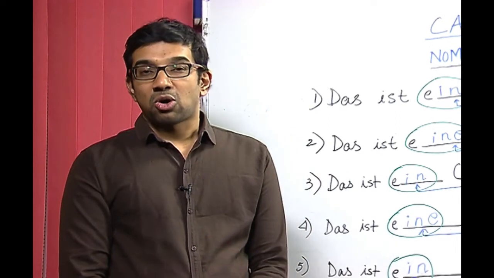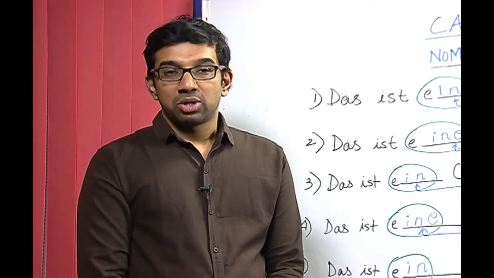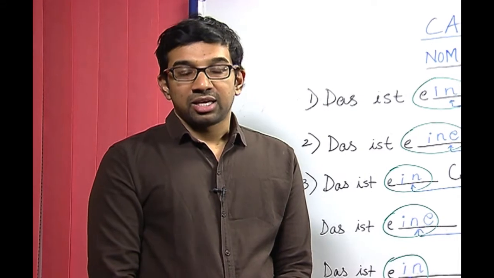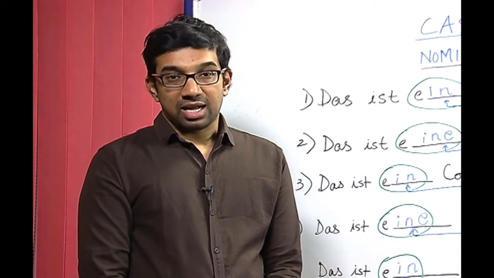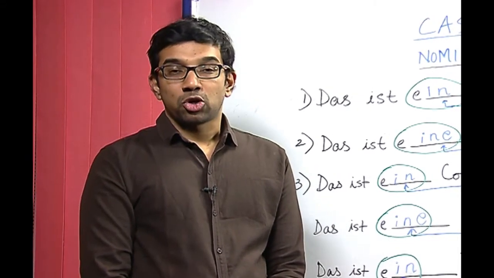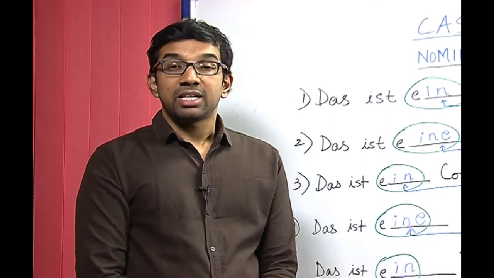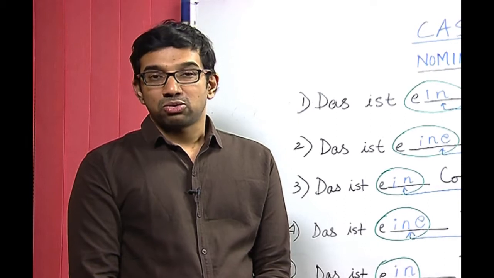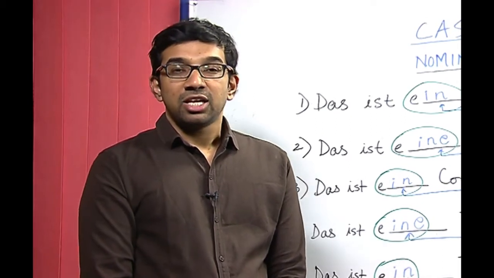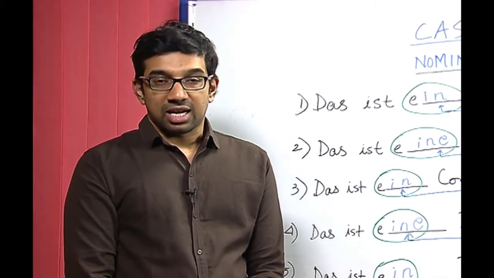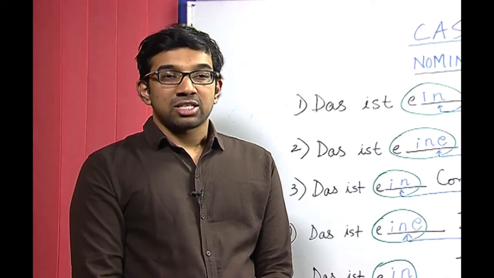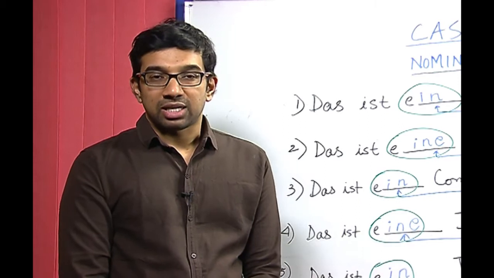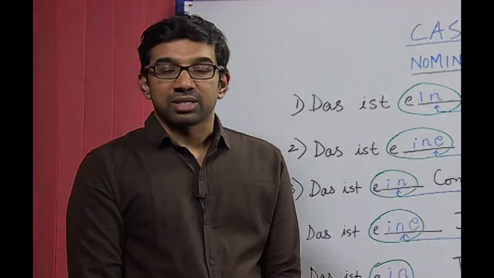So, it is always advised to learn a new noun with its article. If you don't learn the article, then you would not be able to understand the indefinite article also. So, I would strongly advise you to learn any new noun with its article as well as its plural form. We would do the plural forms of the article in a later segment.